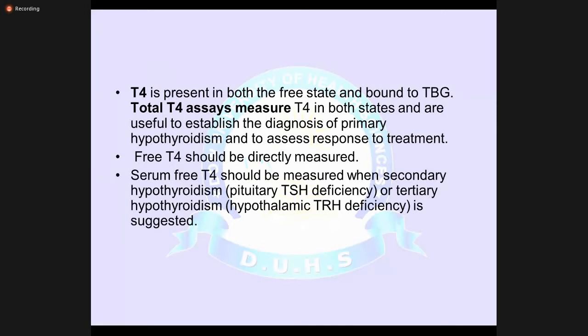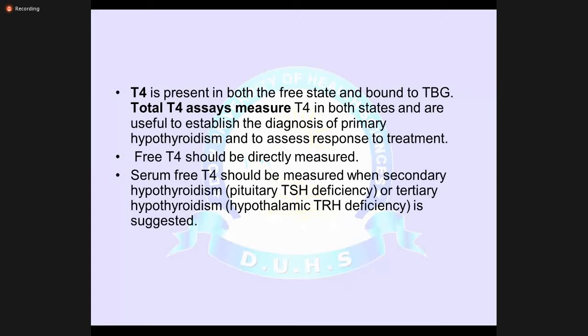And in those cases where you are suspecting primary hypothyroidism, that is, the fault is in the thyroid gland, you can order serum T4 and serum TSH level. And in cases where you are suspecting secondary or tertiary hypothyroidism, you usually order serum free T4 and serum TSH level.